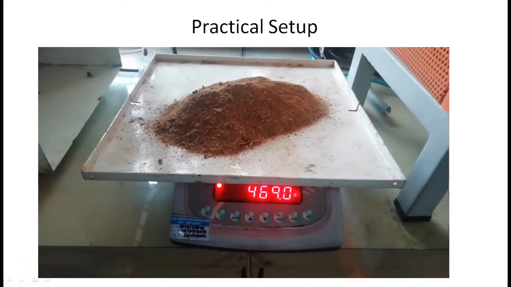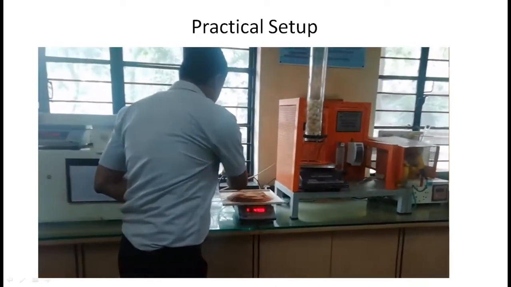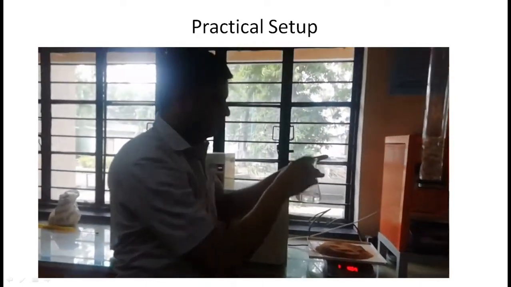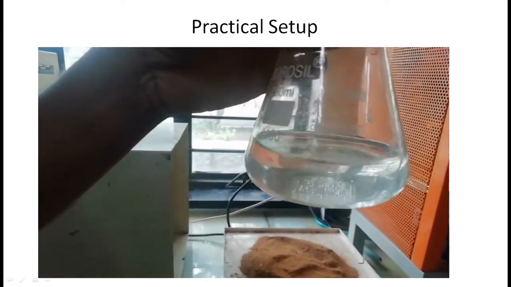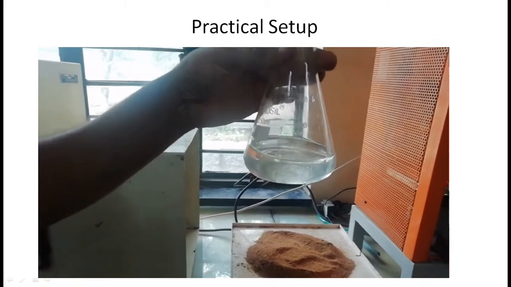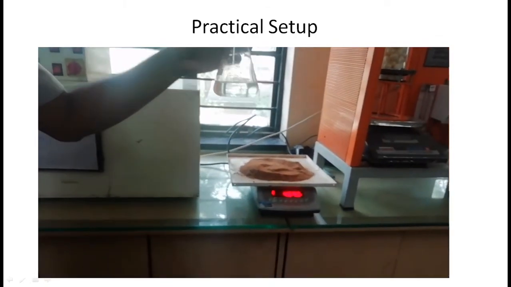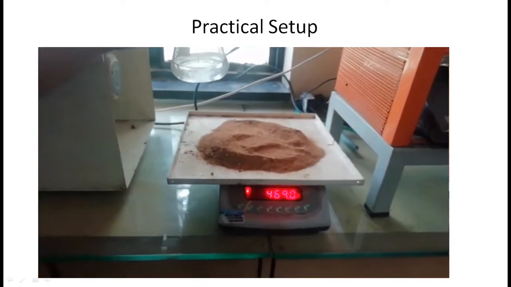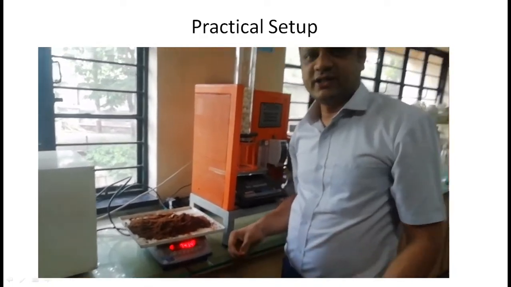So we can approximate 470 grams. Now we have taken 100 ml of water. We will put this water into the tray and we will mix all the sawdust with the water so that it will get totally moistened. So the initial weight of the tray is around 560 gram.